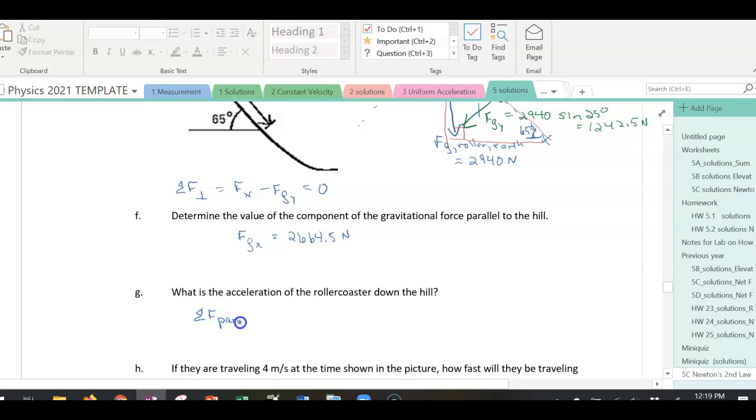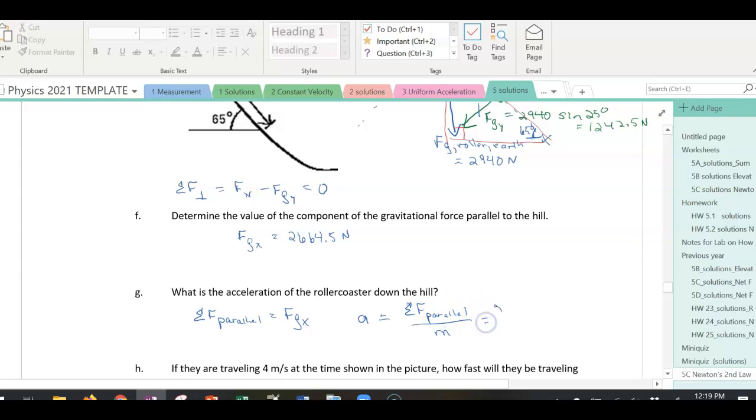Okay, but in the direction parallel to the track, there's a net force which is equal to F_GX, because that is the only force in that direction parallel to the hill, and therefore the acceleration of the roller coaster is going to be that net force in the direction of motion divided by the mass.